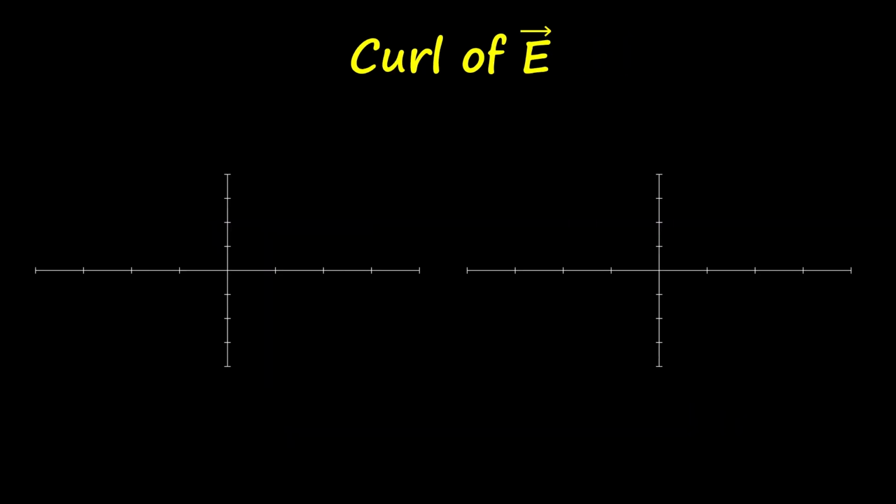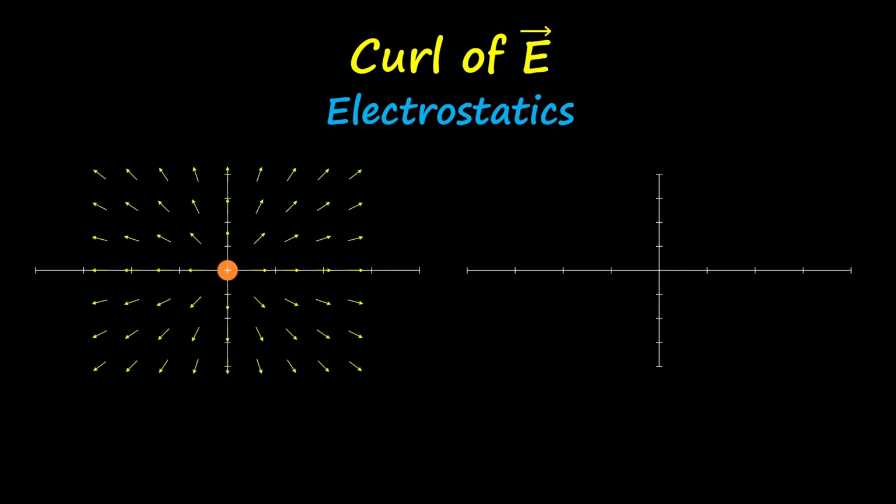Now, let us come back to curl of electric field. First, we'll consider the case of electrostatics, that is, the charges are at rest. If I place a positive point charge at origin, then the electric field pattern would look like this. If I replace it with a negative charge, then the electric field pattern will look like this.